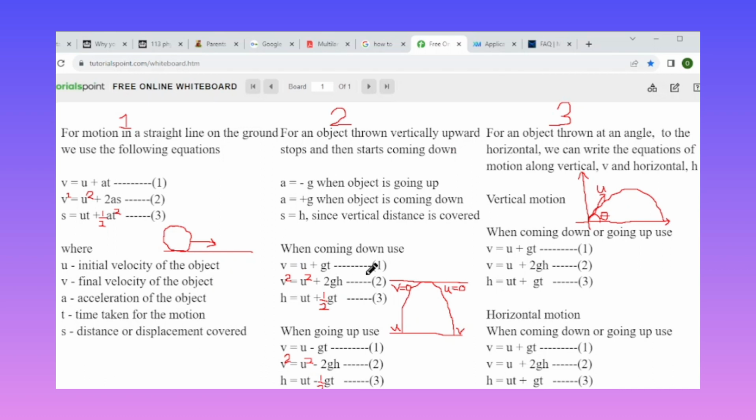Our a is now g, which is the acceleration due to gravity. Also, v squared is equals to u squared plus 2gh. And the third one, h is equals to ut plus half gt squared.